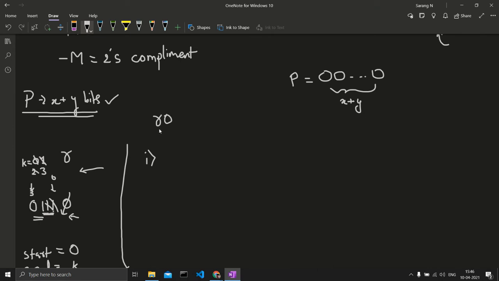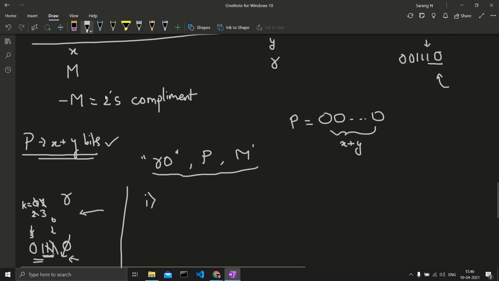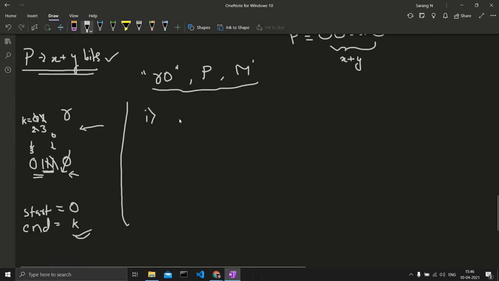The second pre-computation is to make the product p all zeros, x plus y bits. Also, we have to calculate minus m, let's say m dash, that's the 2's complement of m. Before jumping into the algorithm, we have to calculate this because we would need it.